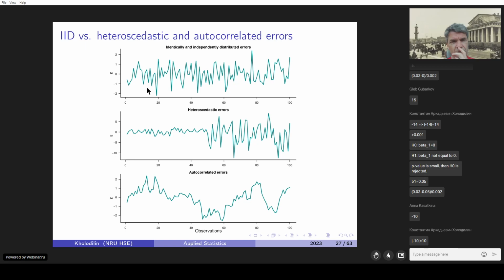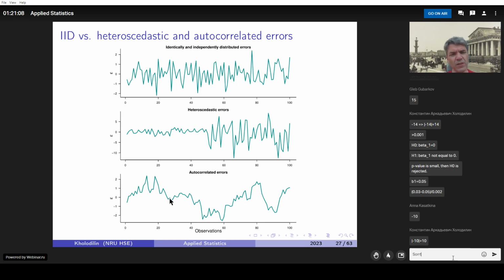So there's a certain relationship between the previous epsilon and this epsilon. So there's some autocorrelation, some serial correlation. This epsilon depends on the previous epsilon. Here too. So here there are erratic changes between observations, while here we see a certain relationship between the current epsilon and the previous epsilon, which implies that there's autocorrelation between them.